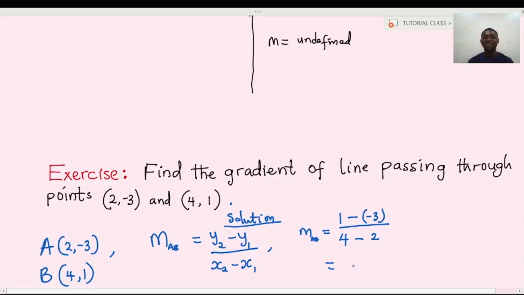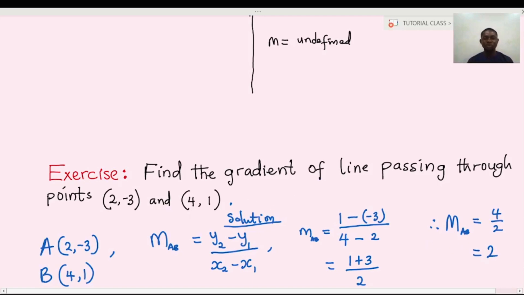So in doing that now, we look at this 1 minus multiplied by the minus, that's plus, that's 1 plus 3 divided by, you find the difference of 4 and 2, that will be 2. Therefore, the gradient of the line AB can be said to be 4 over 2, which is then 2. The gradient of the line passing through these 2 points is 2.